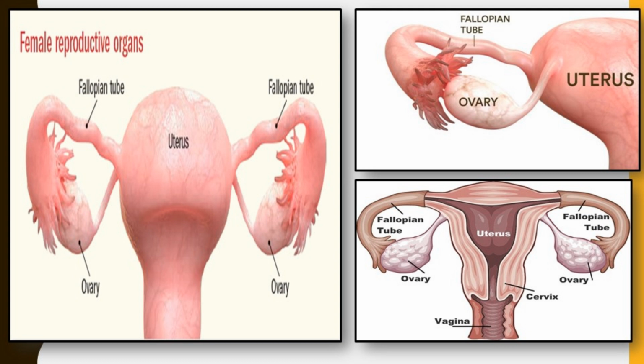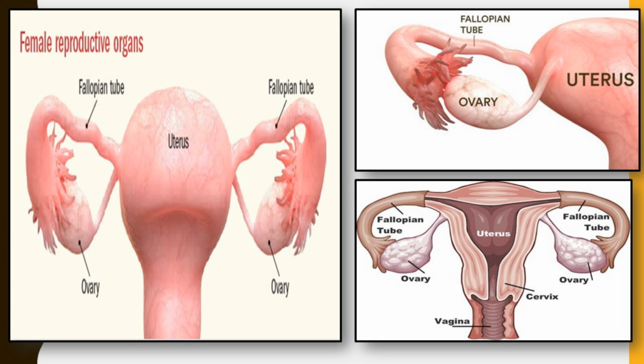Ovaries are the primary female sex organs that produce the female gamete, that is ovum, and several steroid hormones, that is ovarian hormones. The ovaries are located on each side of the lower abdomen.